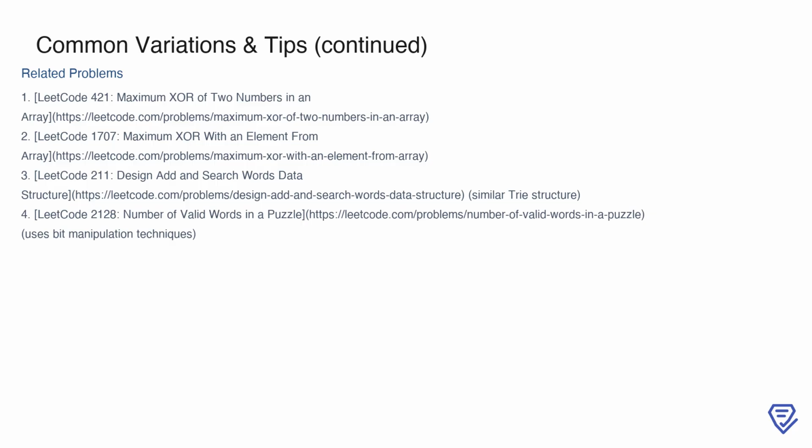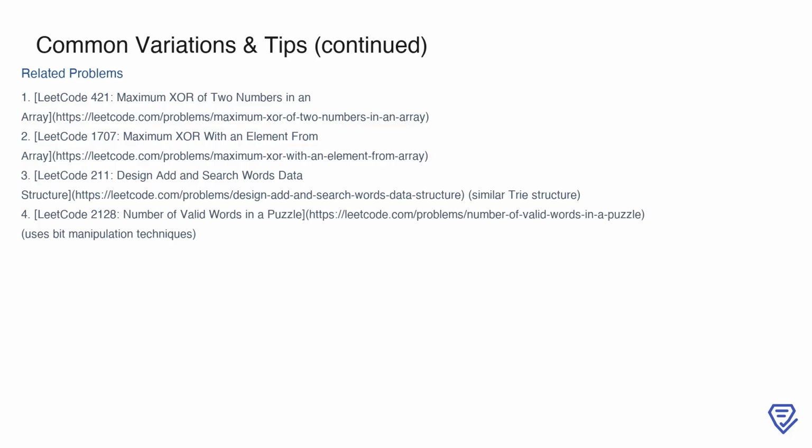Let's look at some related problems that can help deepen your understanding of the techniques involved. First, there's LeetCode 421, Maximum XOR of Two Numbers in an Array, which focuses on finding the maximum XOR value between any two numbers in a given array. This is closely tied to the current problem and also benefits from a tree-based optimization. Then, there's LeetCode 1707, which is the problem we're discussing, where you find the maximum XOR with constraints on valid elements.